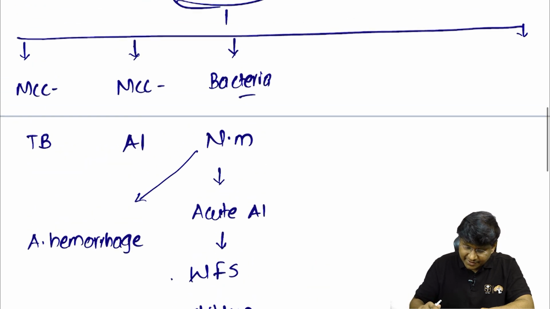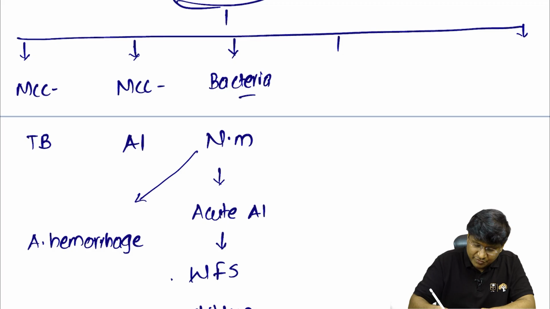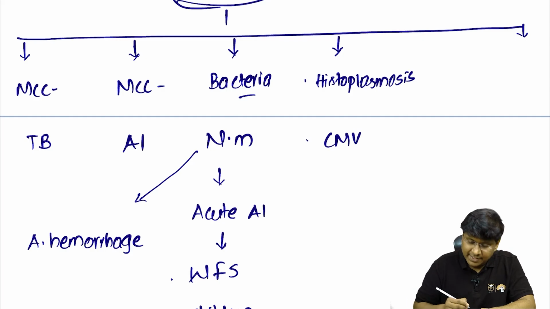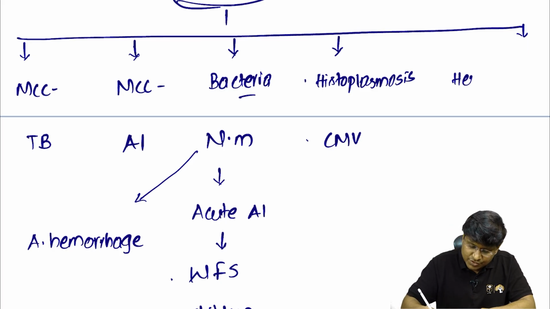Then what are the other etiologies? The fungal infection which will be causing Addison's will be histoplasmosis. Then we have the viral infection causing Addison's, that is cytomegalovirus, and we have infiltrative disorders causing Addison's, and that includes the excessive accumulation of iron within the adrenal gland, that is hemochromatosis, right?